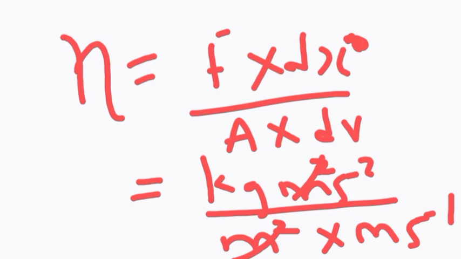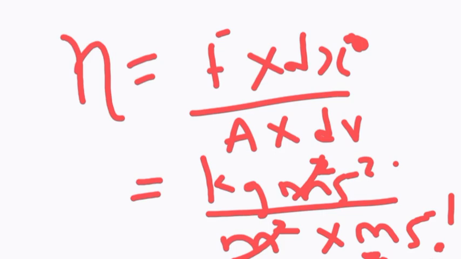Let's reduce it further such that this meter is going to come up as m raised to power minus 1. Then we'll combine these two seconds together, this is second squared, and then we have another second down, which is going to come up.